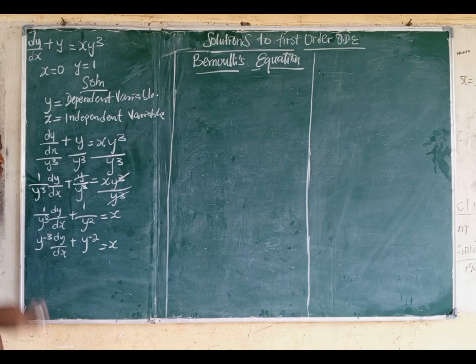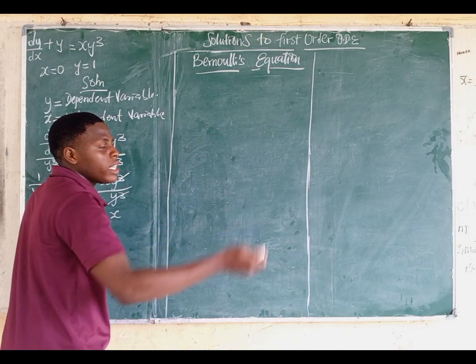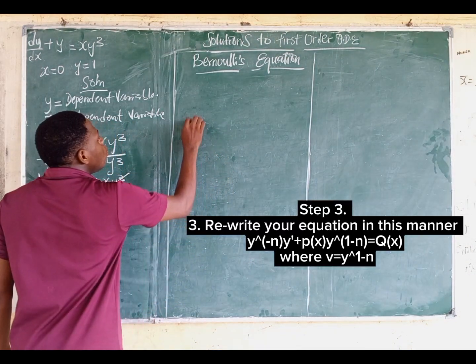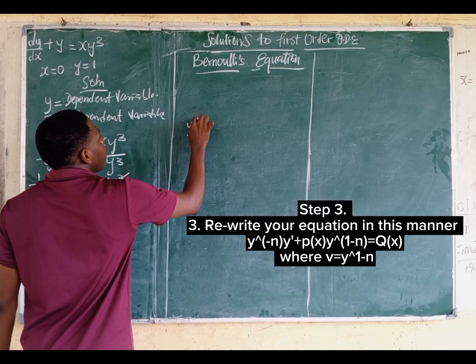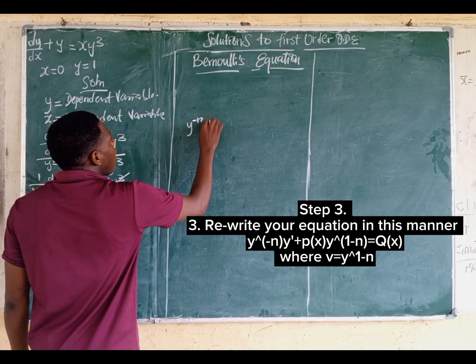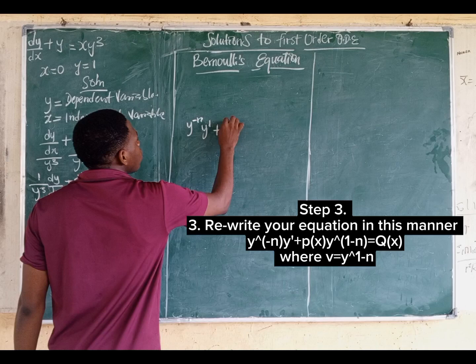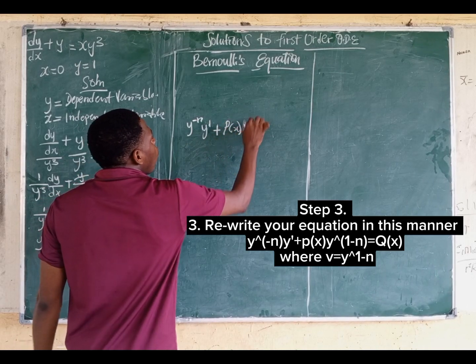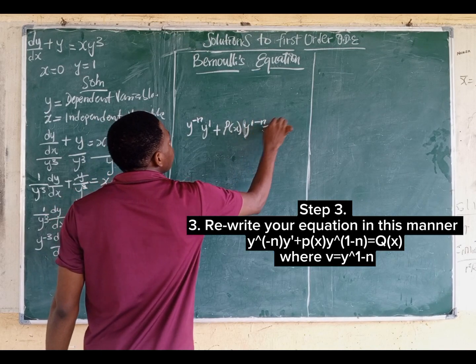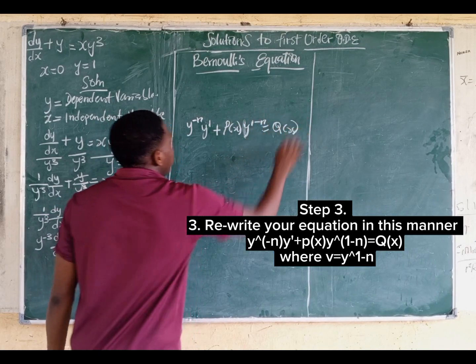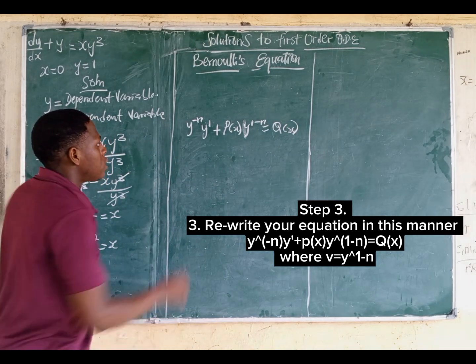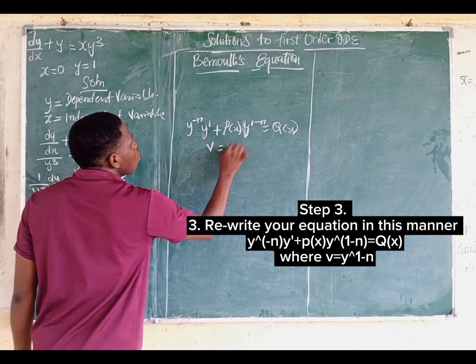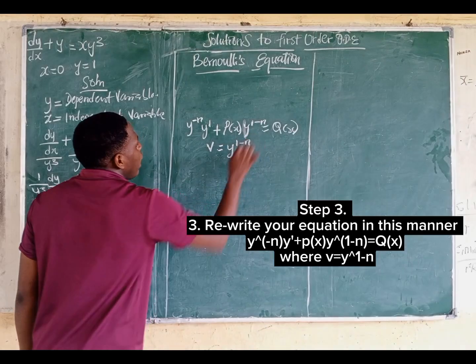What is the next thing we are supposed to do? We are rewriting our equation in this manner. And I gave you in the step that you are writing your equation to look like this: y to the power of minus n y prime plus px y to the power of 1 minus n equal to qx, where I told you that our v is equal to y to the power of 1 minus n.